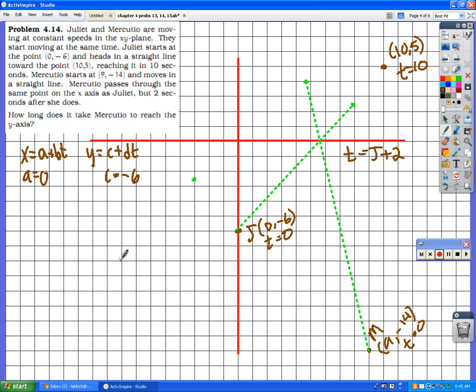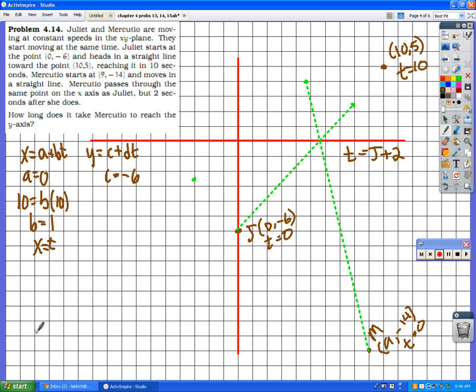So now we're going to use those two things plus this point here to figure out what B is, right? So I'm going to say 10 equals, A is 0, B times the time, which is 10. So B equals what? 1. Okay, so her equation of motion in the x direction is very simple. It's x equals t.